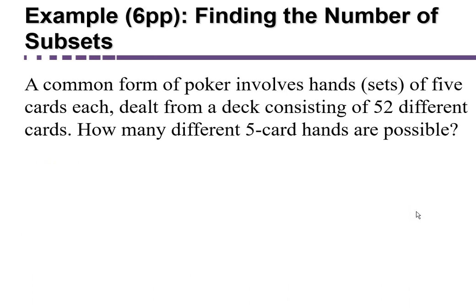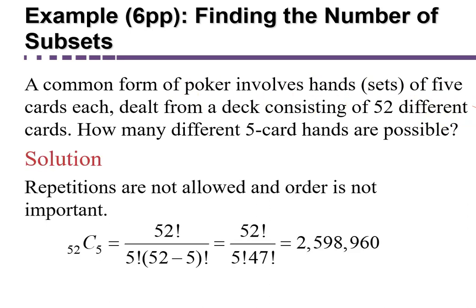All right, example 6 now from our PowerPoint slides. A common form of poker involves hands, which are called sets, of 5. Now, in setting this up as a combination, because the order of the hand is not important, we have 52 cards in a deck, and we want to select 5.